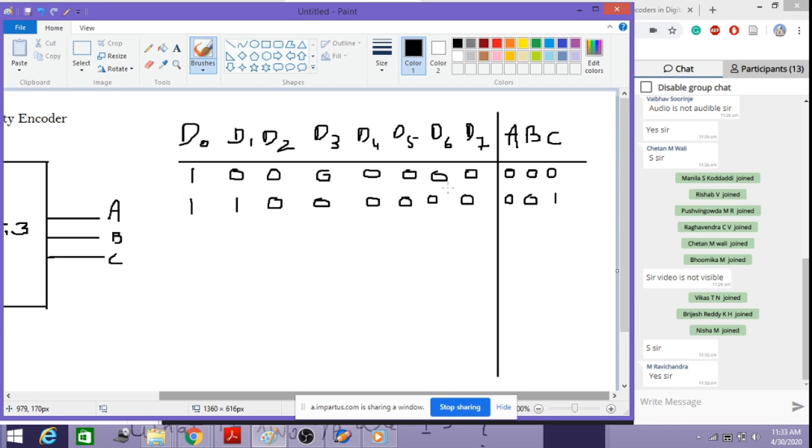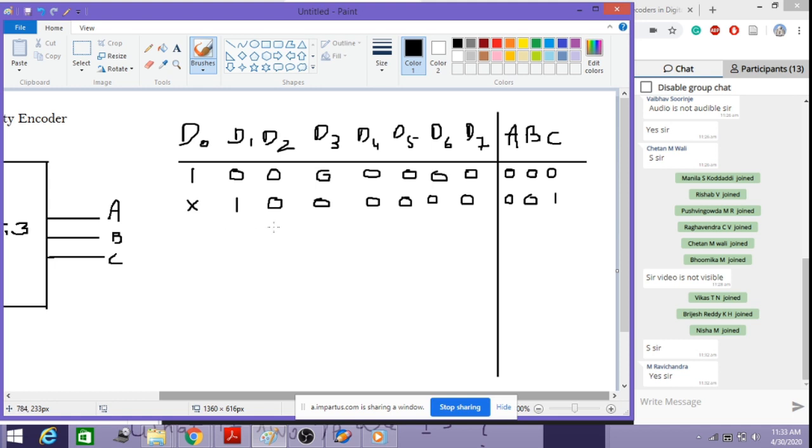As soon as D1 is 1, it will give the equivalent binary value of D1. Now this condition we can write as, rather than 1 or 0, it can be any value. So we will write this as X. X means it can be either 0 or 1, it doesn't matter. So based on the condition of D1, it will generate the output.